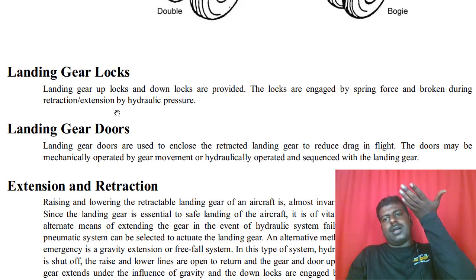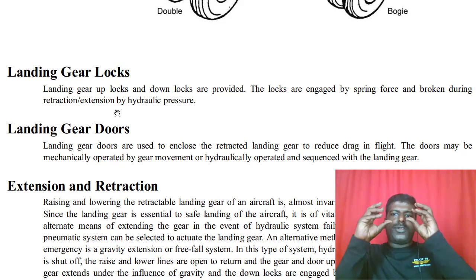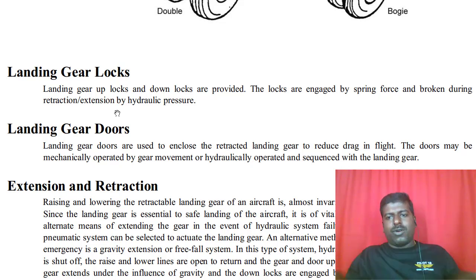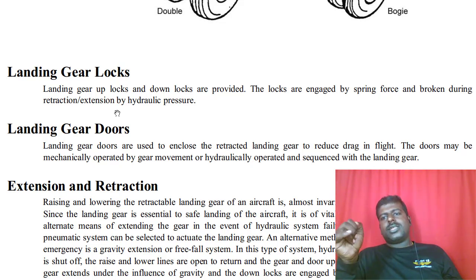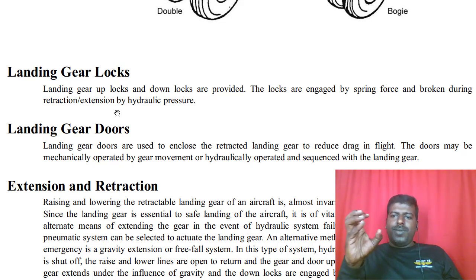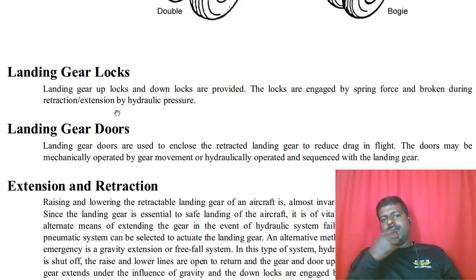If the landing gear is up, then it should be kept there, and if it is down, then also it should be kept there. To engage or disengage it, we should activate it manually. So there should be some kind of lock to prevent accidental movement of this landing gear. For that we use up locks and down locks on the landing gears.